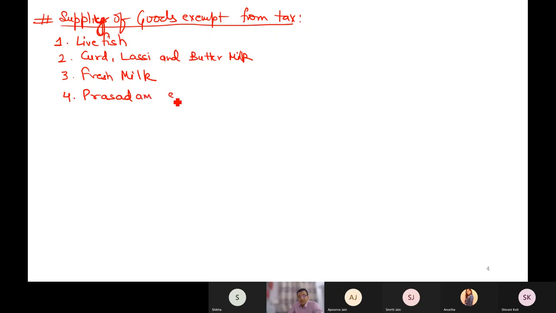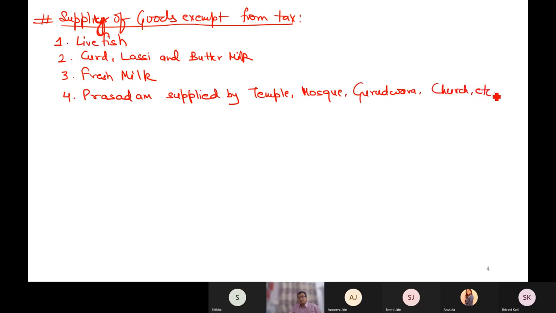Prasadam supplied by temples, mosque, church, gurdwara, wherever. Temple, mosque, gurdwara, church, etc. From these places, if prasad is supplied, then Government says no need to pay any GST on those goods.